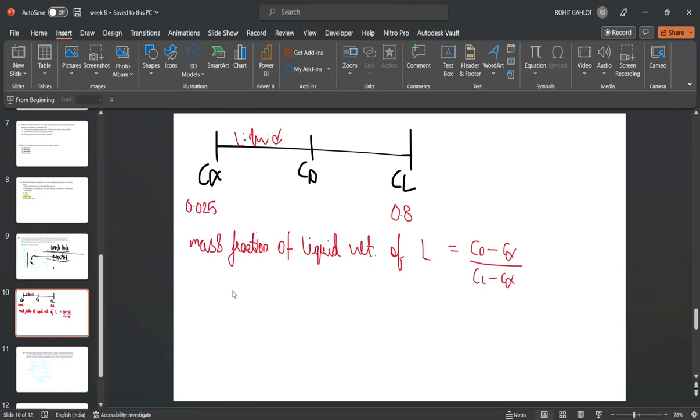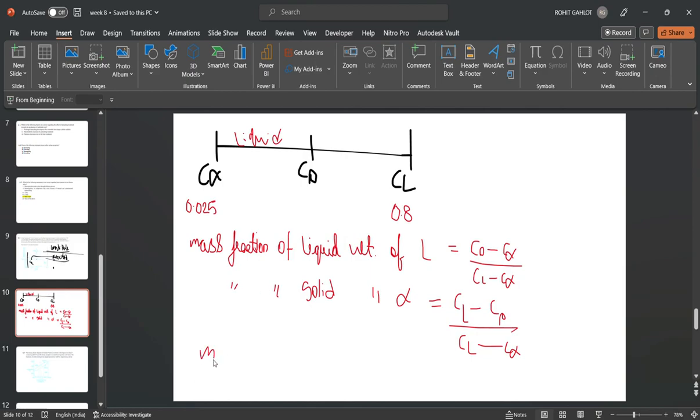So this is your liquid. Similarly, the mass fraction of solid, weight of alpha, can be written as Cl minus C0 divided by Cl minus C alpha. So this is how we can use the lever rule.